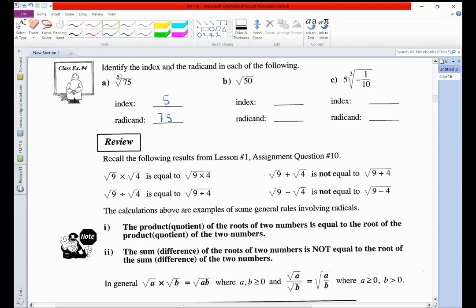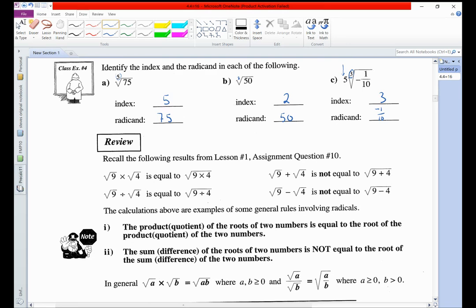In the next case, we see the square root sign, and there's no number there, so that means the index is going to be 2. We assume that there's a 2 there, and the radicand is 50. And in the next case, the index is always the small number. We don't worry about that 5, that's just another term. So the index is 3. That's a cube root of the radicand, which is 1 over 10.